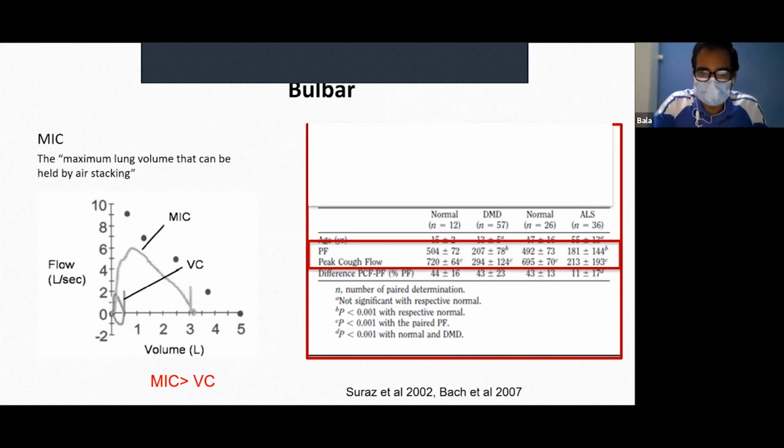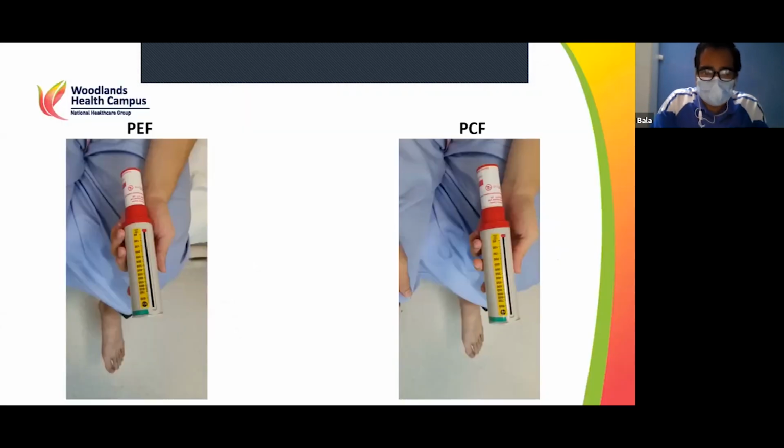I'll explain this with a video first, and then we come to this. The first video is going to show you what is peak expiratory flow, and the second video is going to show you what is peak cough flow.